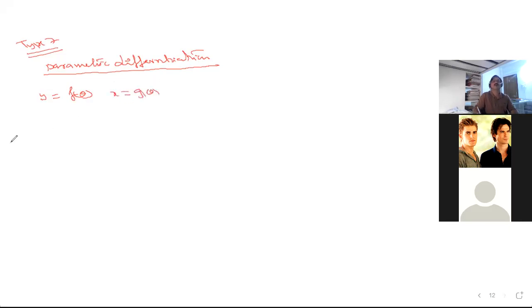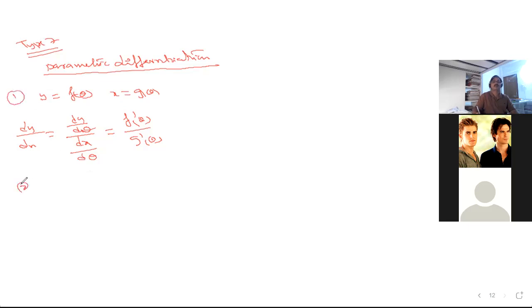Then dy by dx is dy by d theta divided by dx by d theta. You can write f dash theta by g dash theta. Is that clear?